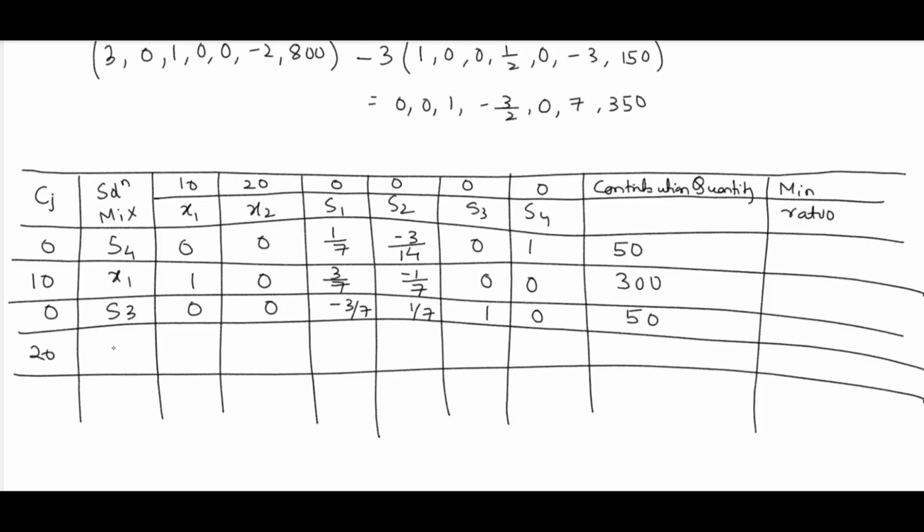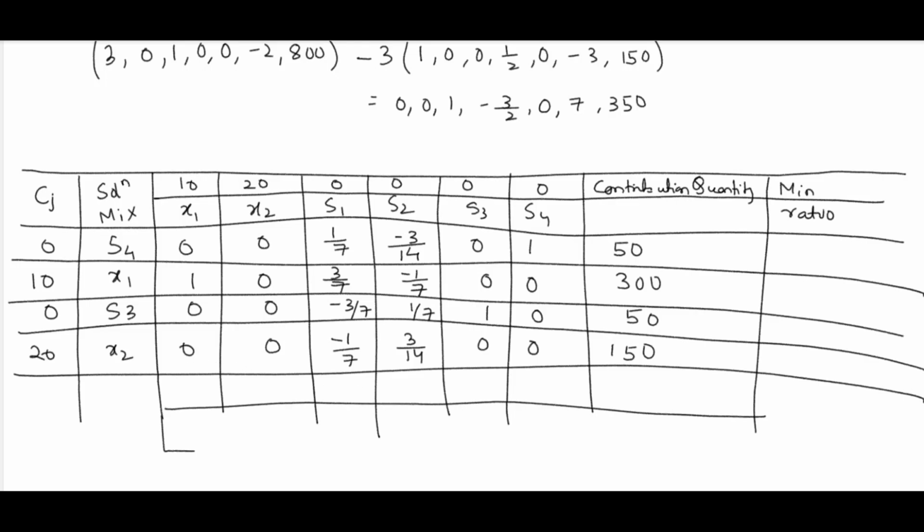Then 20 for x2: 0, 0, minus 1 by 7, 3 by 14, 0, 0, 150. So we have filled the tables. Now you compute Zj and then Cj minus Zj.